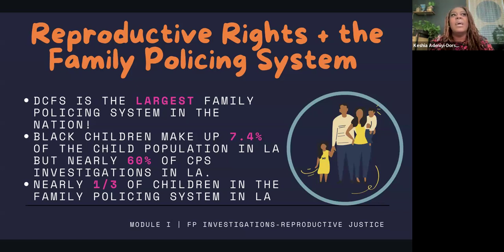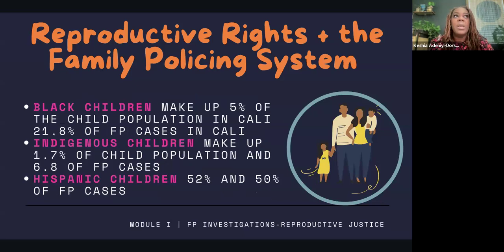the country. And Black children in LA County only make up 7.4% of the child population, but we are nearly 60% of CPS investigations. We are also nearly 1 in 3 children in the family policing system in Los Angeles. California, just as a whole statewide, Black children make up 5%.